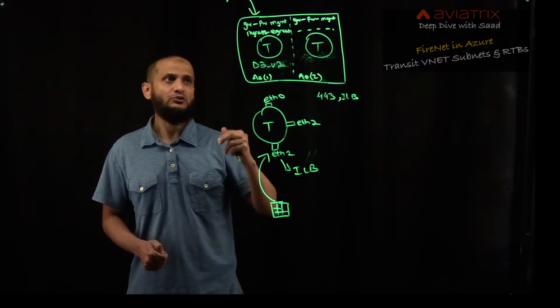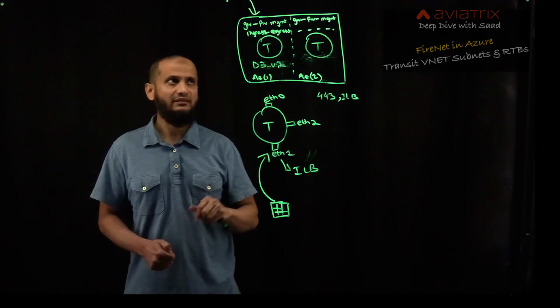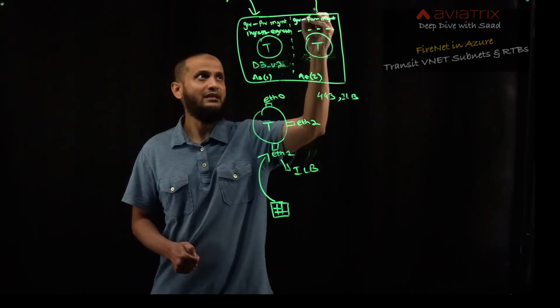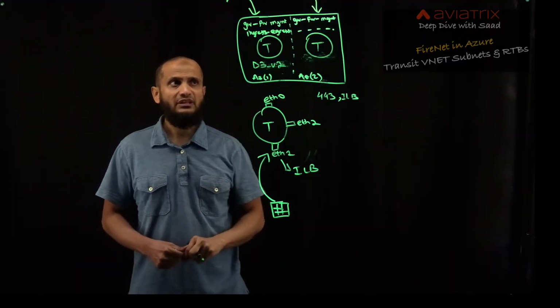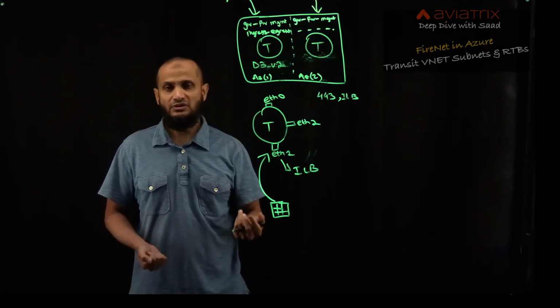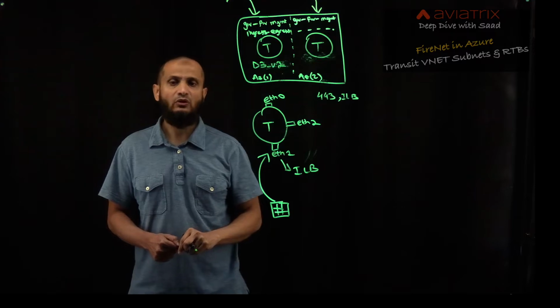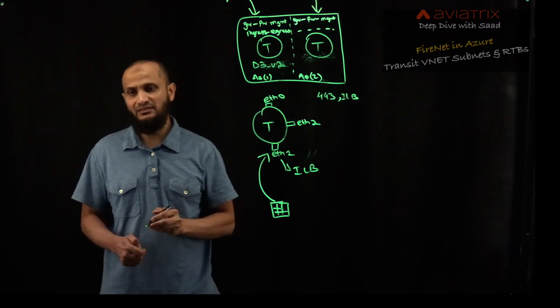So when you are creating the HA Transit FireNet gateway, then you will be deploying it in the second availability zone. At the time of the gateway creation, which is the Transit FireNet gateway creation, we also create 3 more subnets at this point.